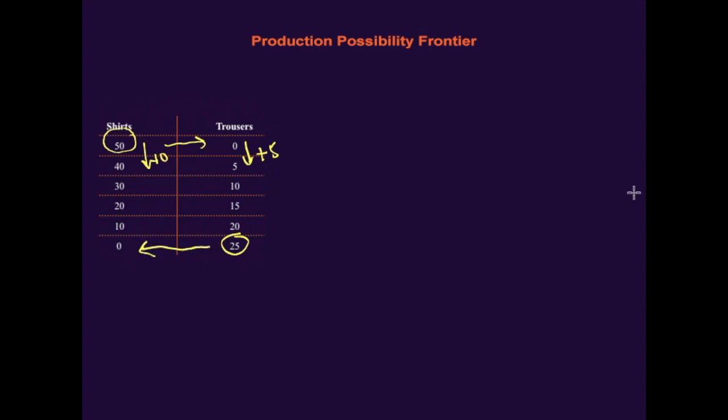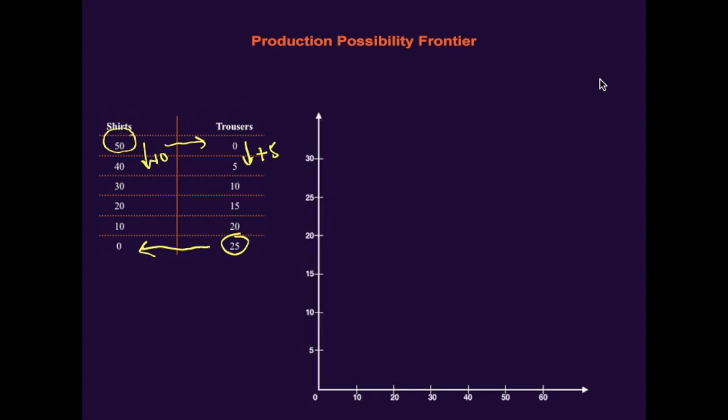If you were to put that in a graph format, your y-axis would be trousers and your x-axis would be shirts.